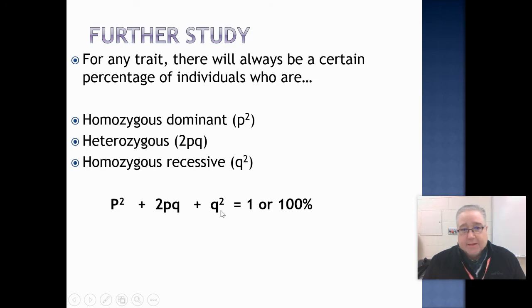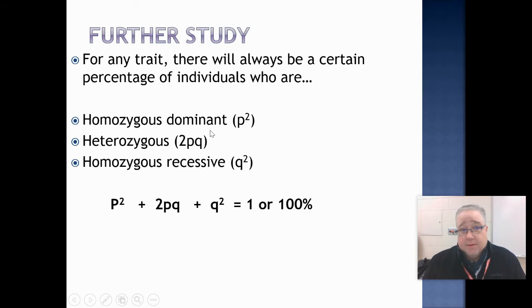And what it basically tells us is that in a population, I don't care if it's rabbits or lizards or whales or humans, it doesn't matter. If you're studying an individual trait, like let's say fur color in rabbits, there's a certain percentage or a certain frequency of those rabbits that are going to be homozygous dominant, right?